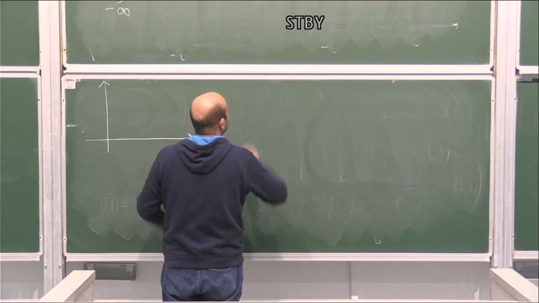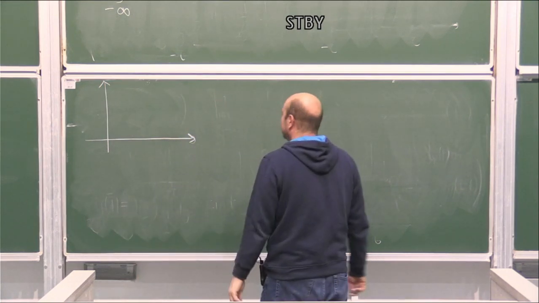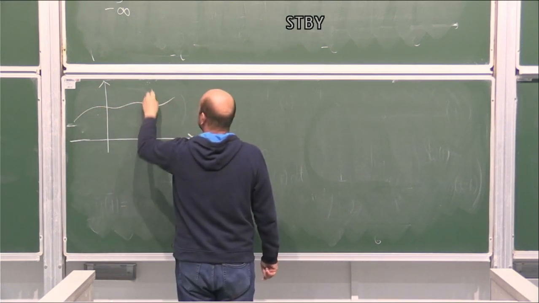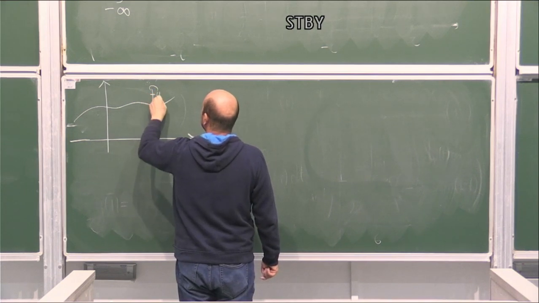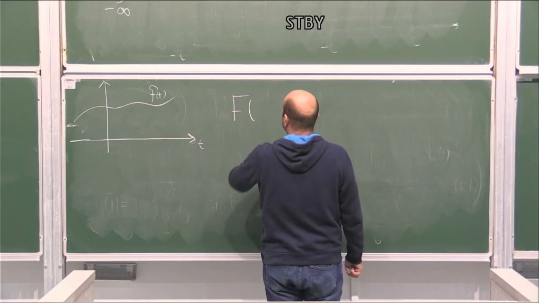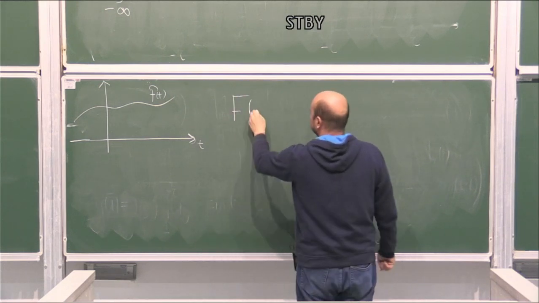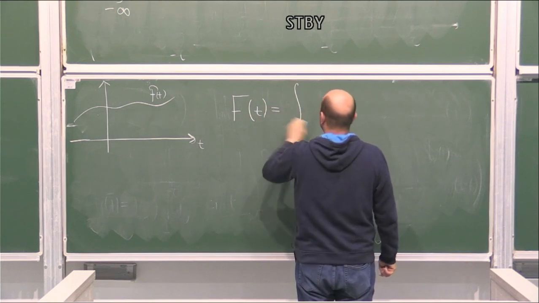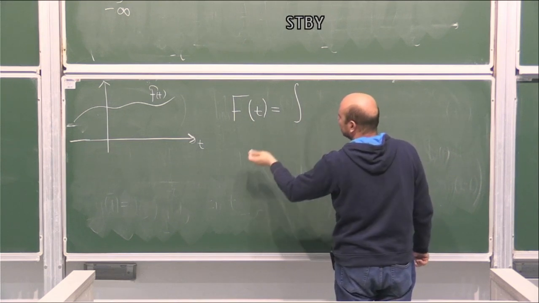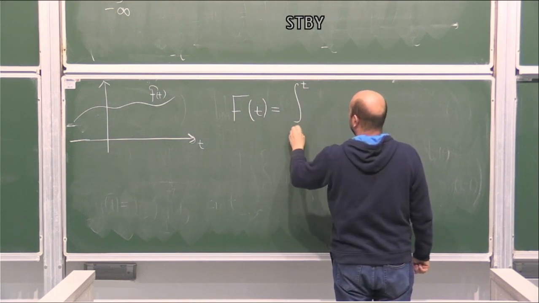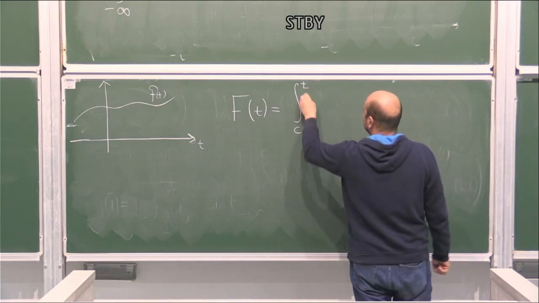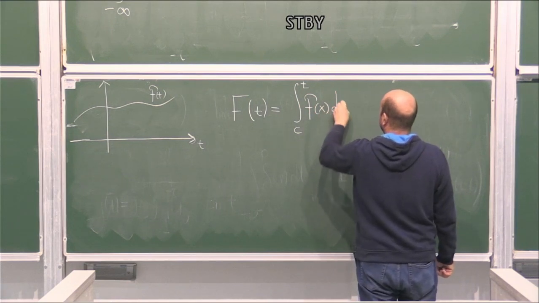This is actually a completely zero function, but remember, let's say we have such a function, f of t. If you look at the definite integral, you can start from anywhere up to t, of f of x dx.